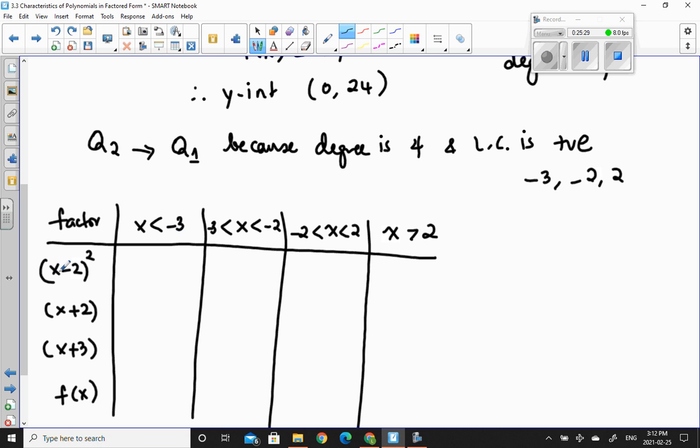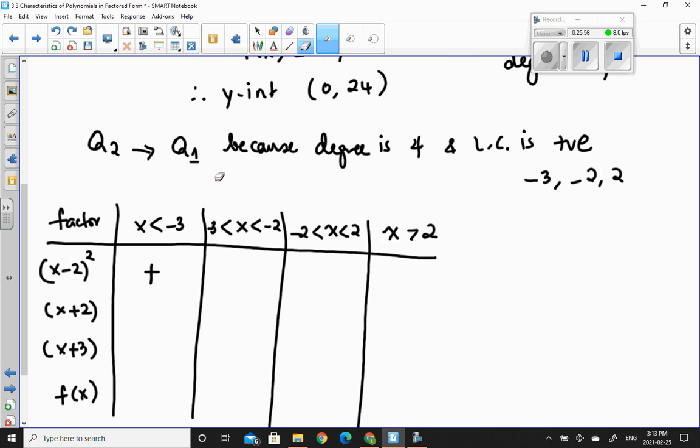Let's say -4, right? -4 minus 2 is -6, and when you square that, you get a positive number. So that's going to be positive. Take -4. -4 plus 2 is negative. So this would be positive. So all values of x that are less than -3, this would be positive. Put -4 here. -4 plus 3 is -1. So it's, sorry, I made a mistake here.